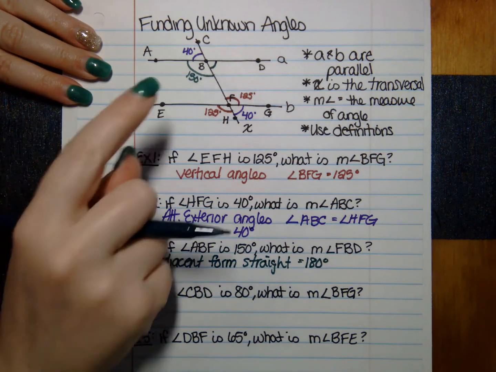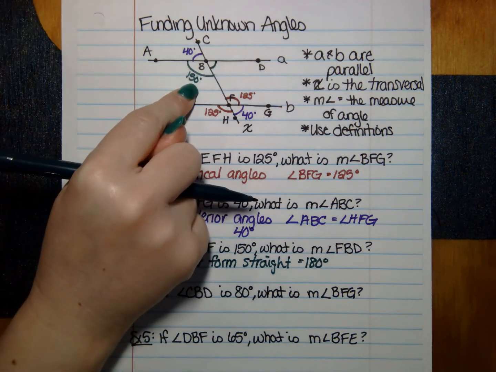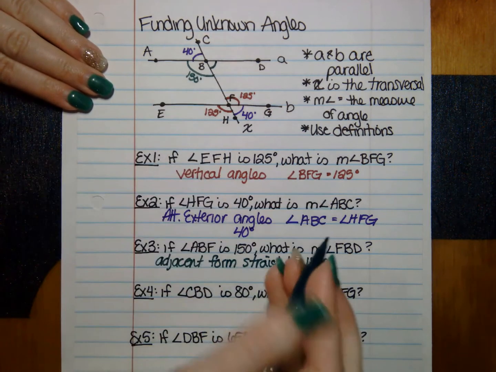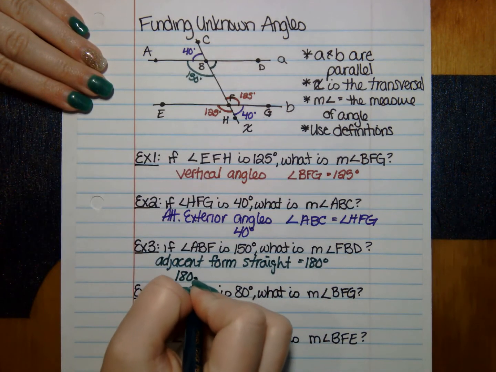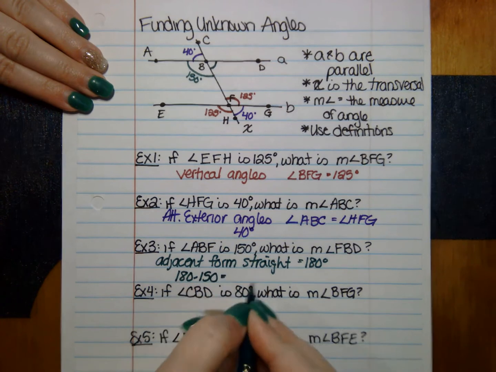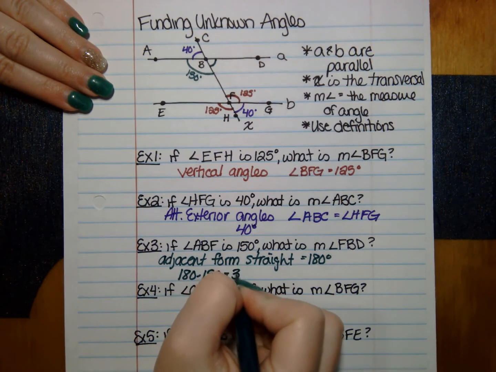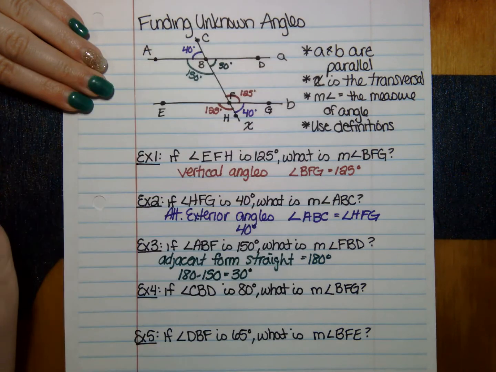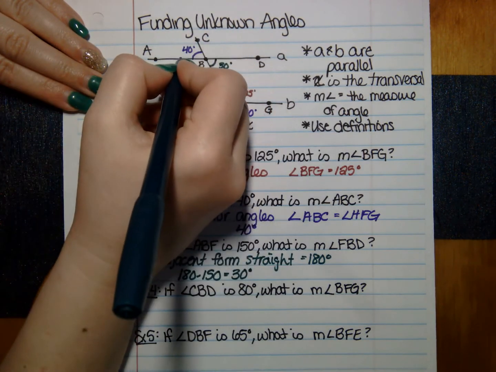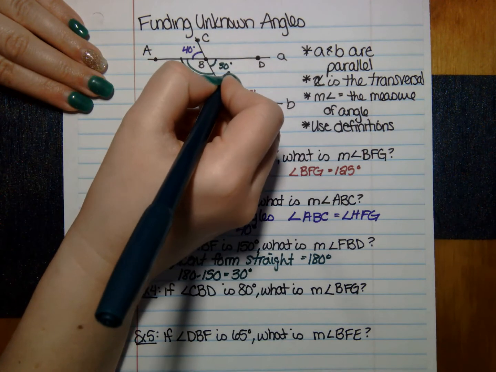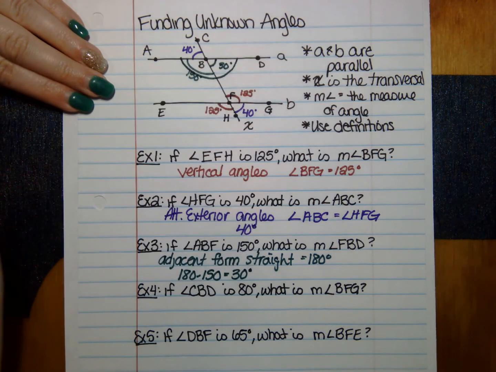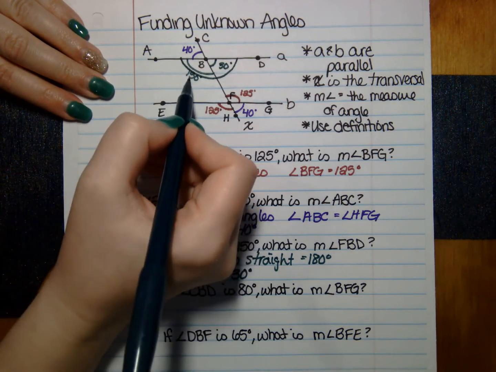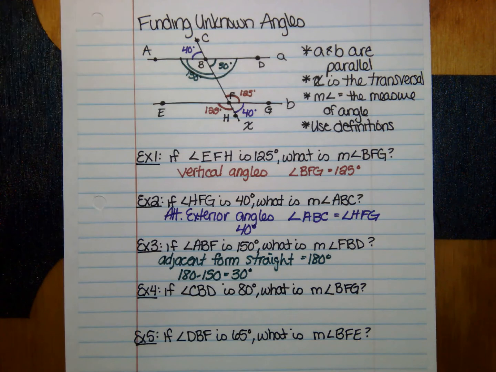Therefore, when I subtract my known 150 from 180, I know that the angle I'm looking for would have to equal 30 degrees, because I can draw this half circle, and half of a circle is equal to 180, so 150 plus 30 will give me that 180.